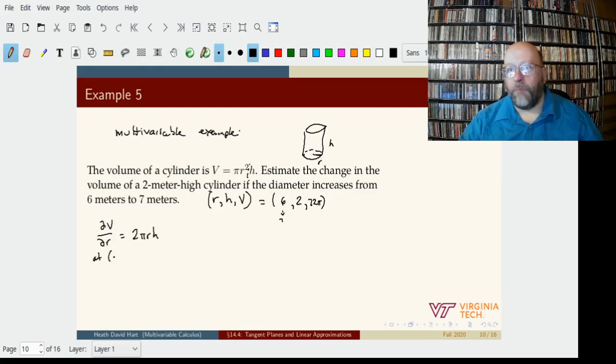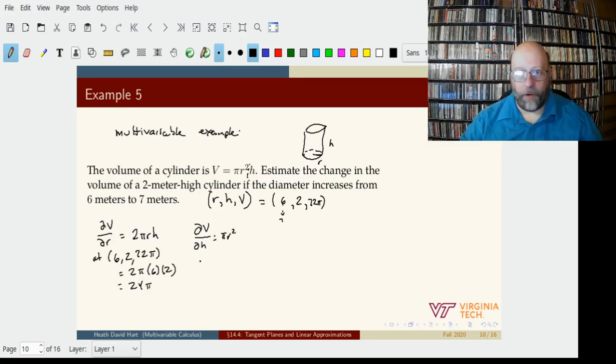And at the point 6, 2, 72 pi, that's 2 pi times 6 times 2 is 24 pi. Then we find the derivative with respect to the height. So this time the derivative of h is 1, and pi r squared doesn't change, so this is just going to be pi r squared. And at the point 6, 2, 72 pi, that's pi times 6 squared, or 36 pi.